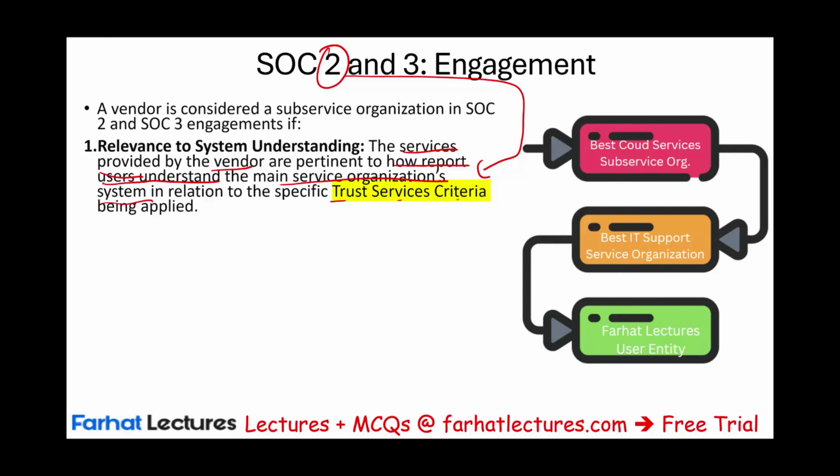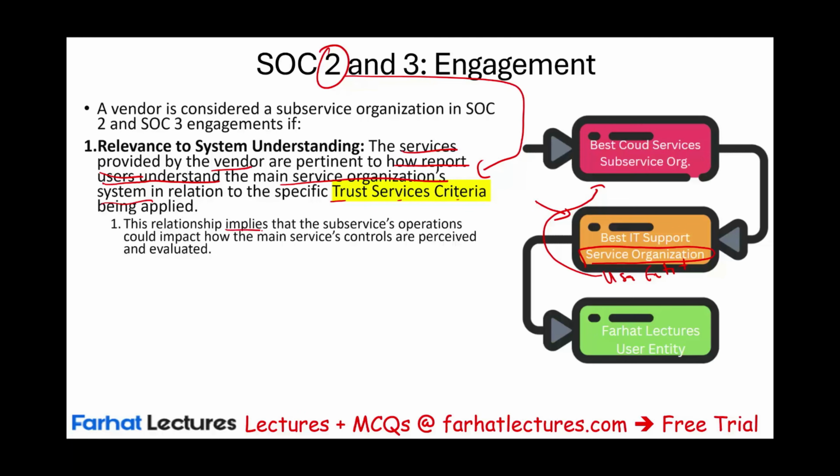If it helps the user understand Best IT Support, here Best IT Support is the service organization. Remember, the service organization here is the user entity, and now Best Cloud Services is the subservice. Now, if it's necessary to understand the Best IT Support specific trust services criteria, in order to understand this, we have to understand the services provided by Best Cloud Services, then they are relevant.